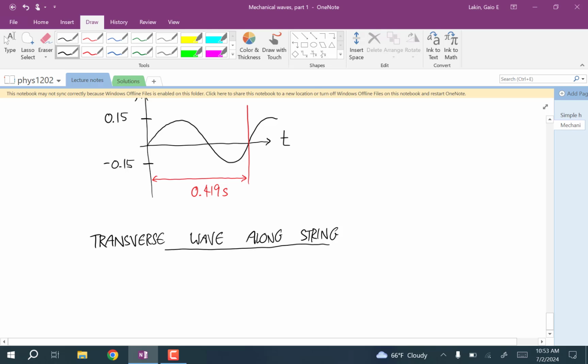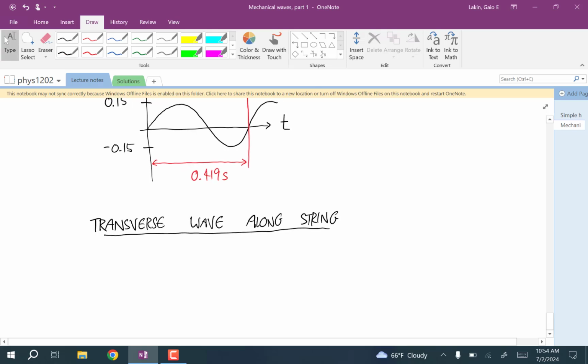And I'm not going to derive these things. I'm just going to give you these equations and show you how to use these. The derivations are pretty messy.